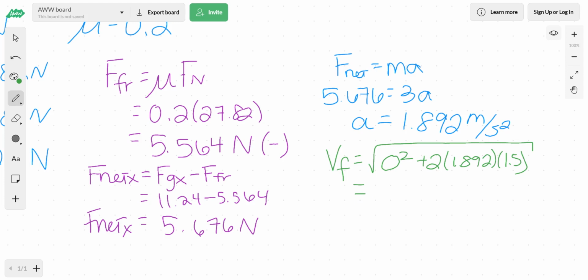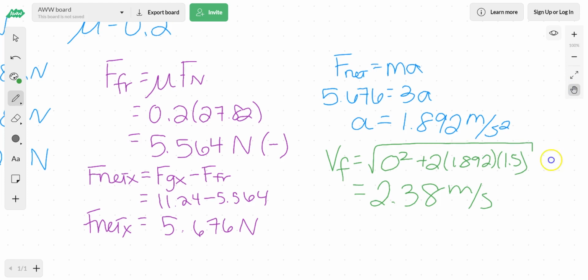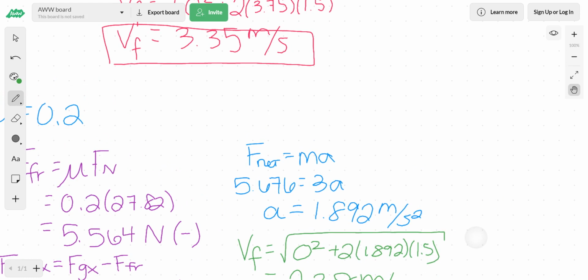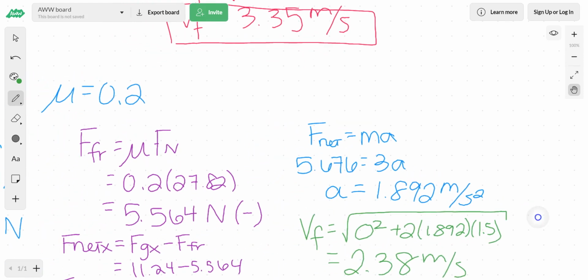So we are going to get a V final of 2.38 meters per second. So in comparison, with the addition of this friction, our object at the bottom is going to experience 2.38 meters per second compared to 3.35 meters per second when there wasn't any friction. So it's about a meter slower when there's the friction.